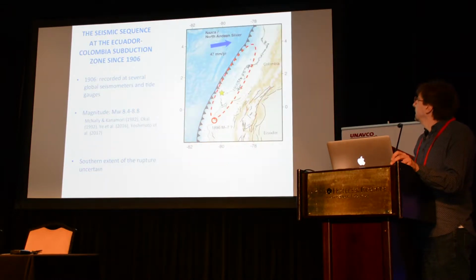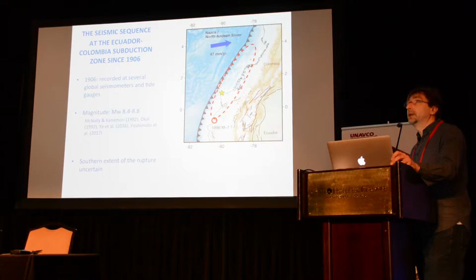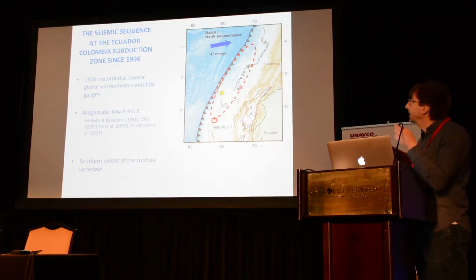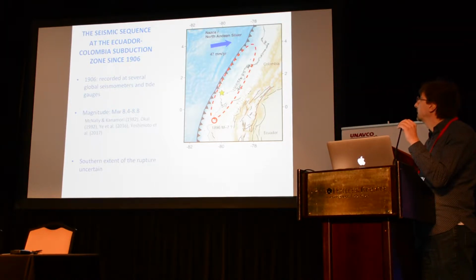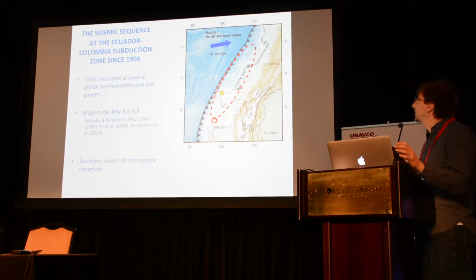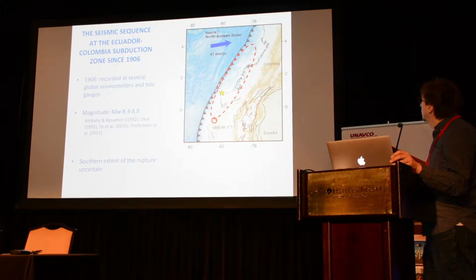So this area is interesting because it has experienced one of the largest seismic sequences during the 20th century. All of the great and large earthquakes have been recorded by global seismometers and or tide gauges, enabling us to have some estimate of their magnitudes. This started in 1906 with the rupture of a several hundred kilometer long segment of the subduction zone.